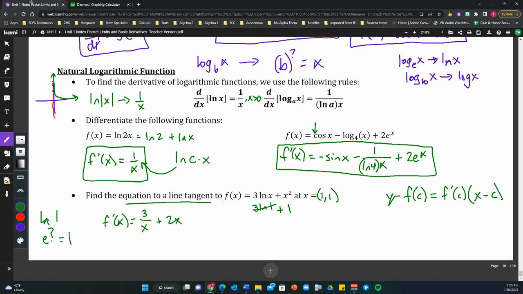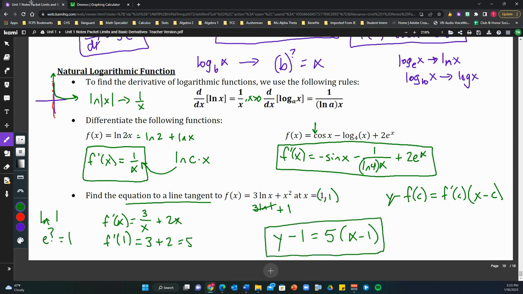Now I want to plug my x coordinate of 1 into that. So f prime of 1, my tablet is starting to break down apparently. 3 over 1 is 3, plus 2 times 1 is 2, so 5. So my equation then would be y minus my y coordinate equals my slope times x minus my x coordinate. And that is it.